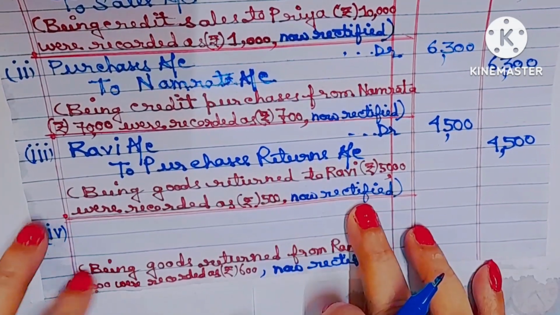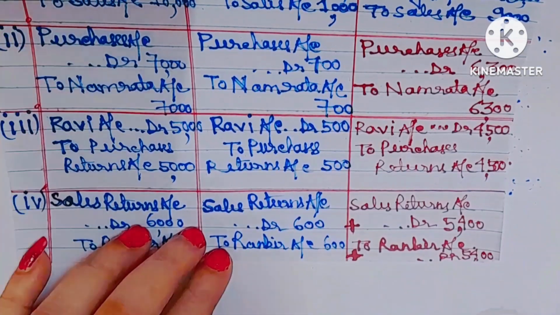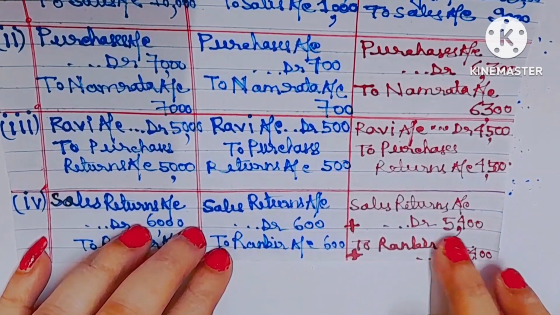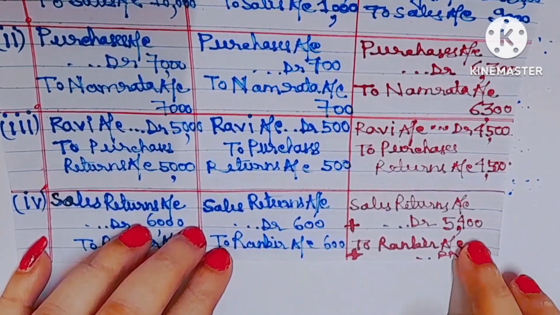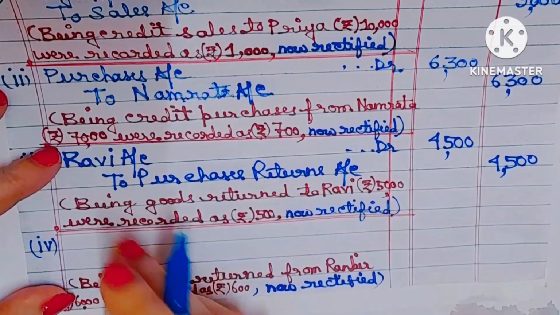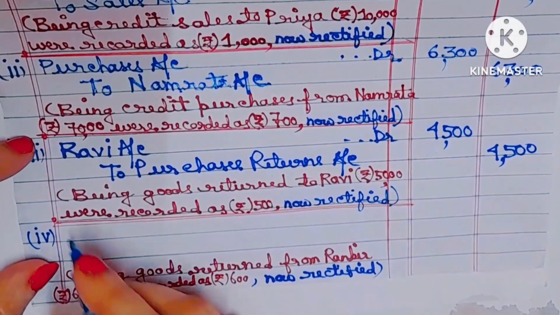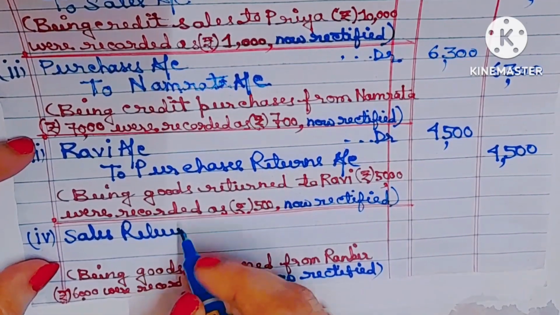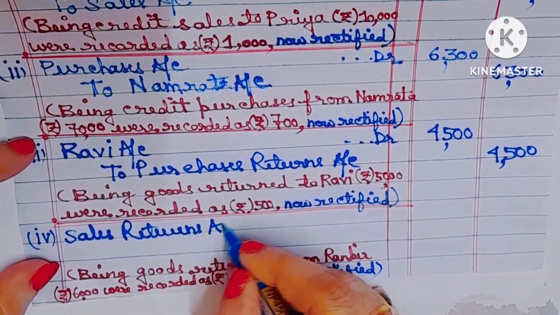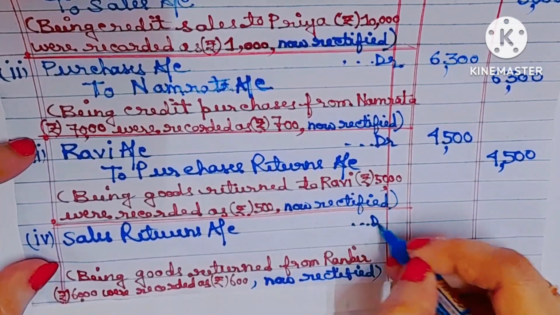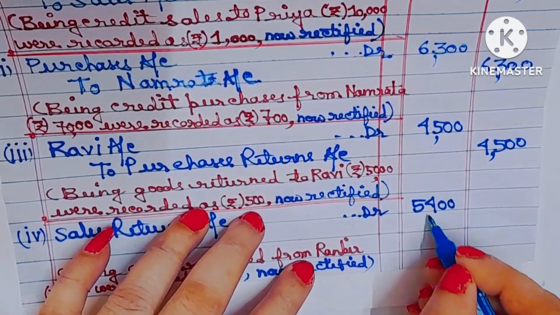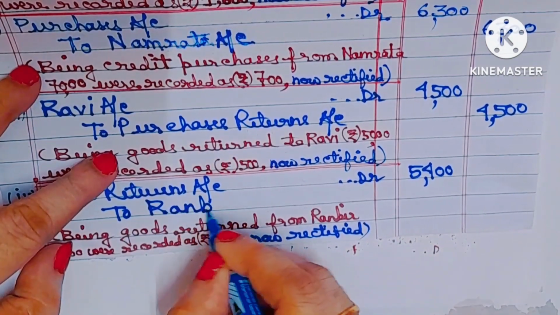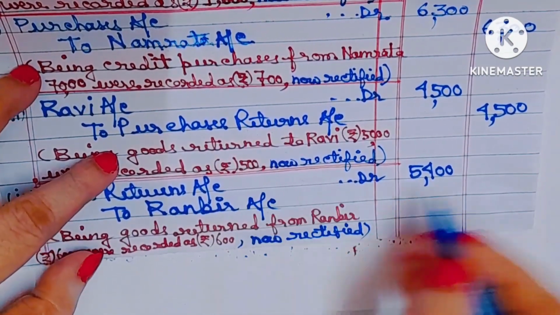Okay. Now let's see the last rectifying entry. The last rectifying entry is sales returns account debit, rupees 5,400 to Ranbir account, rupees 5,400. Okay. So let's write. So the last rectifying entry is sales returns account debit 5,400 to Ranbir account 5,400.